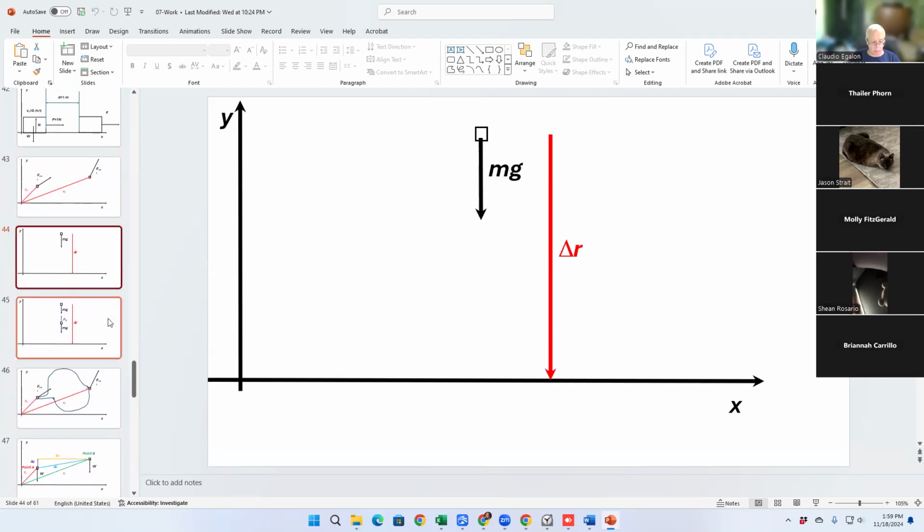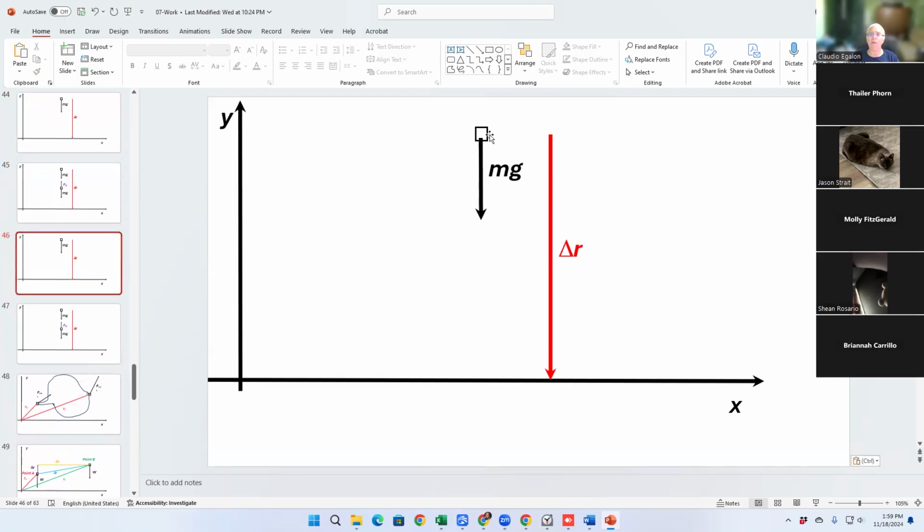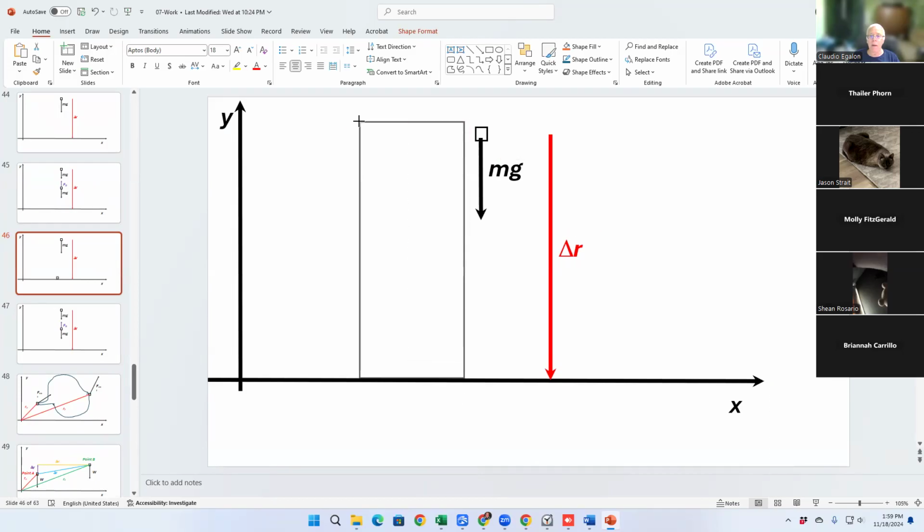Okay, so what's the problem? The problem is the one that we have seen before. Someone releasing an object, let's say a rock, from the top of the building. Here's the top of the building, a height h.